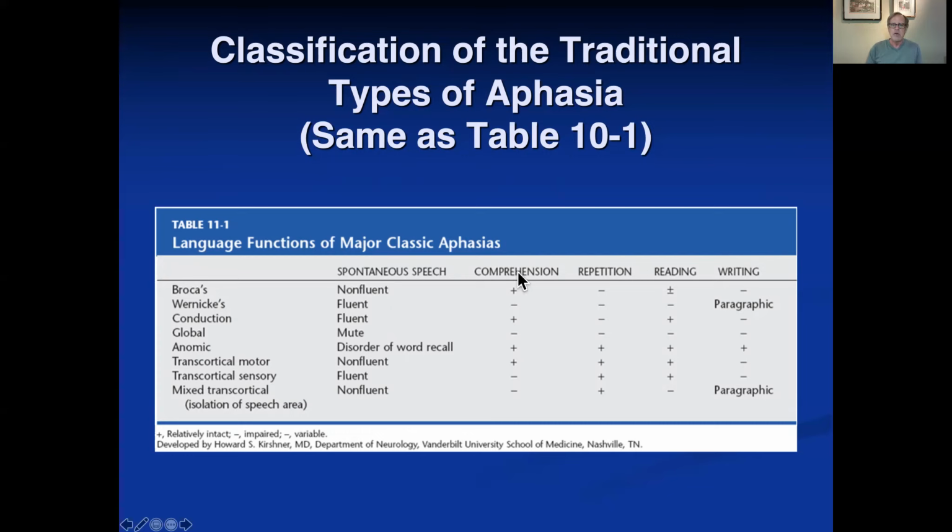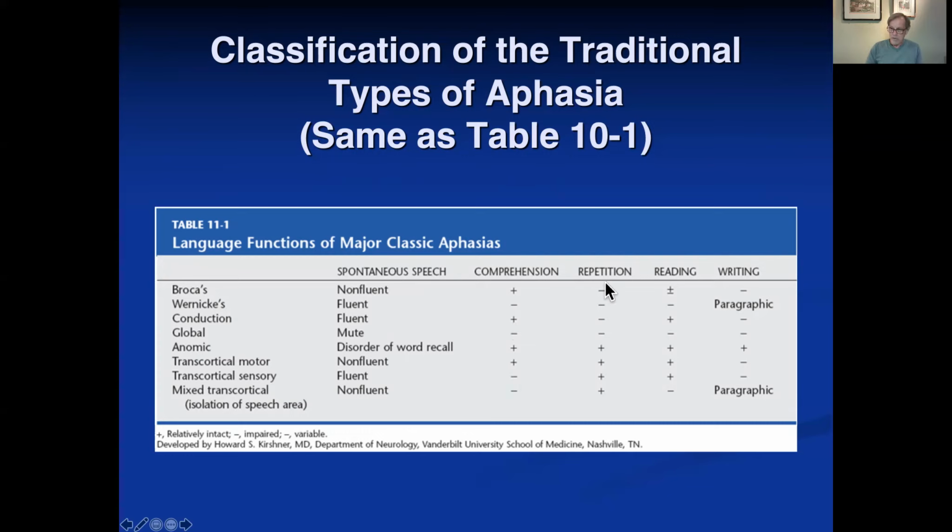And then auditory comprehension. Now, they're just sort of dividing them into pretty intact and not intact. So that's the source of the plus and minus. And we'll take a quick look at the test by which you can objectively make these determinations.